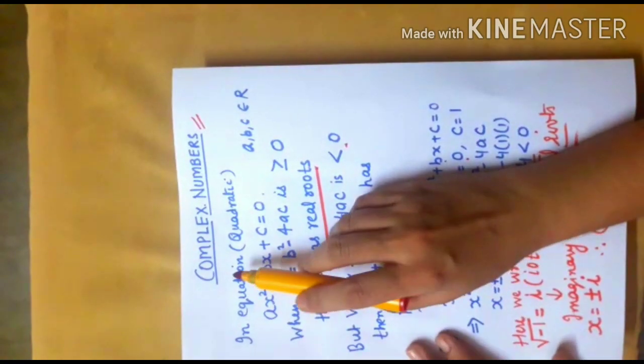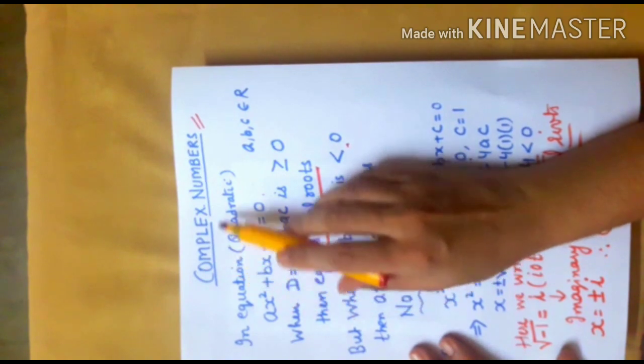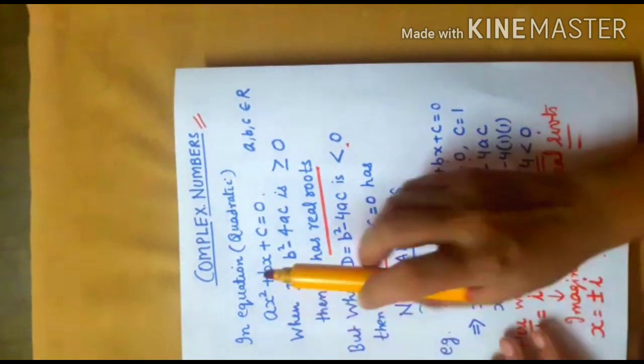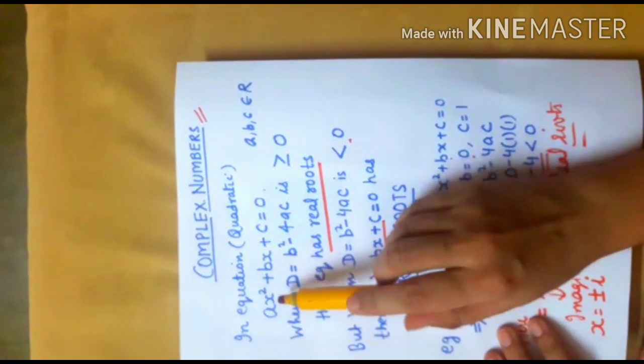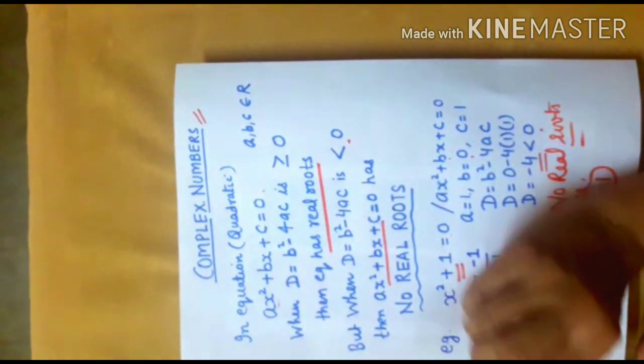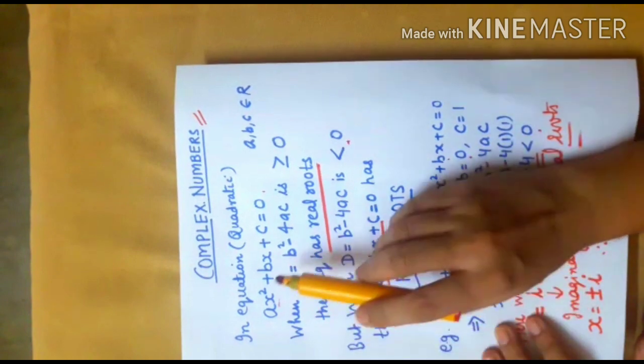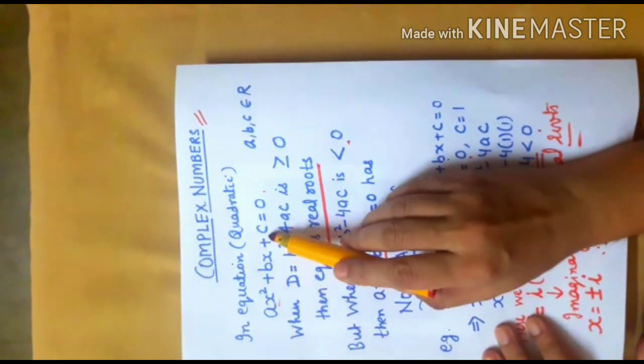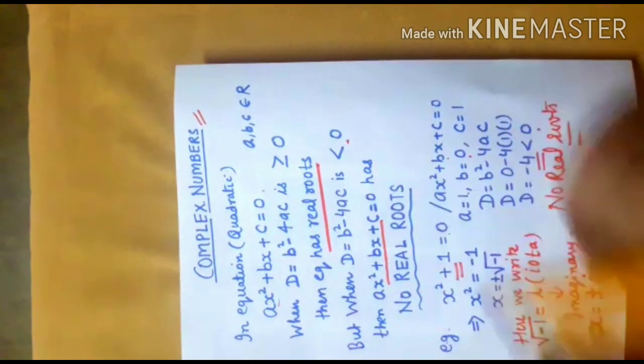Today we will start with our next chapter, complex numbers. In your class 10th, you learnt how to solve the quadratic equation with real coefficients, that is equations of the form ax square plus bx plus c equals to 0.